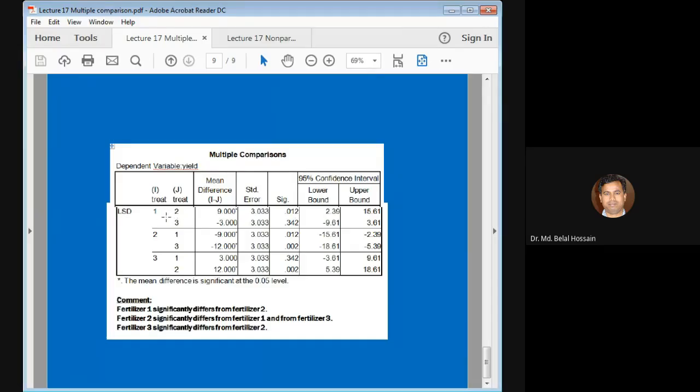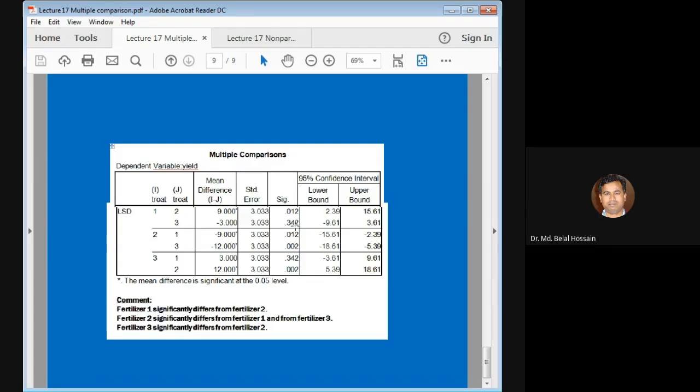So 1, 2, group 1 and group 2, the mean of fertilizer 1 and mean of fertilizer 2 are significantly different. 1, 3 বেলায় significance value হলো 0.342, much higher than 0.05. So null hypothesis that mu1 equals mu3 is accepted. That is, mean of first group, mean of third group are similar, are equivalent.